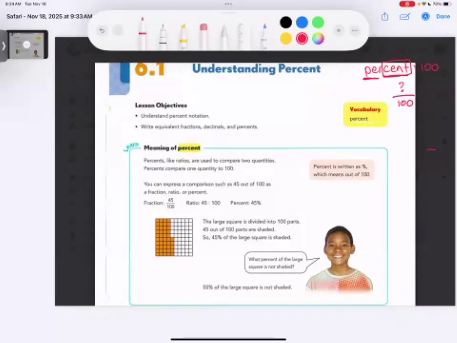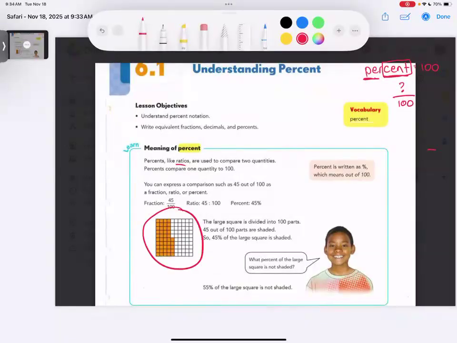And we know that we can compare different quantities through ratios. We've been comparing different quantities through rates. You can compare them through fractions. So here in our first example, they've given us a base 10 block, and 45 of them are colored in, and then there's a remaining amount that isn't colored in. If I was to write as a fraction how many are colored in, there would be 45 out of 100 colored.